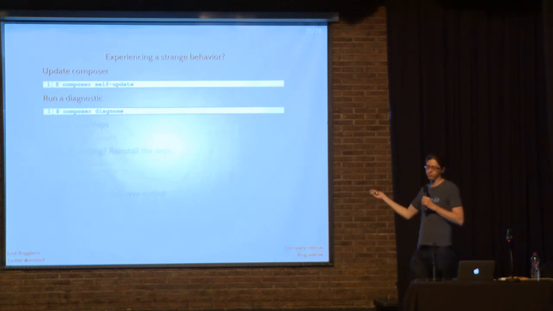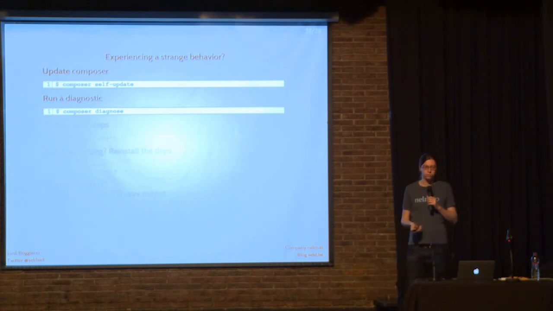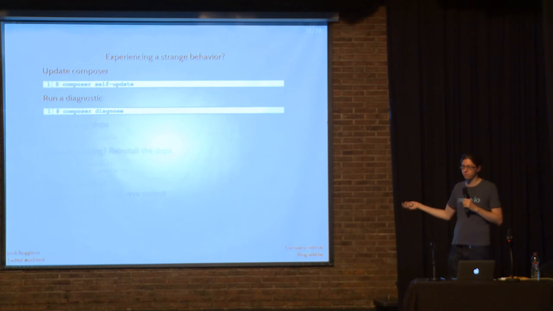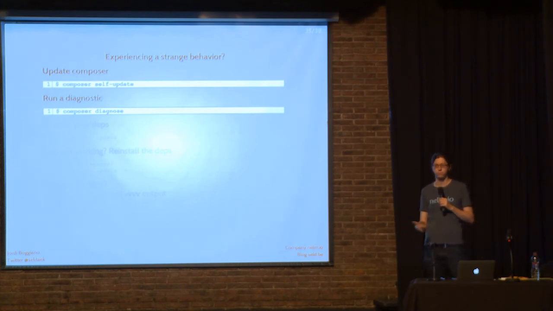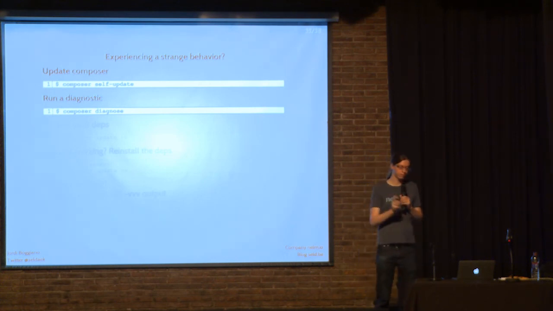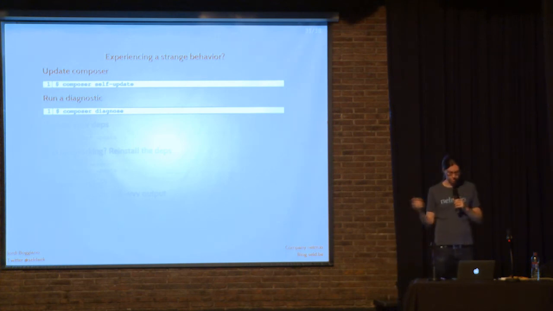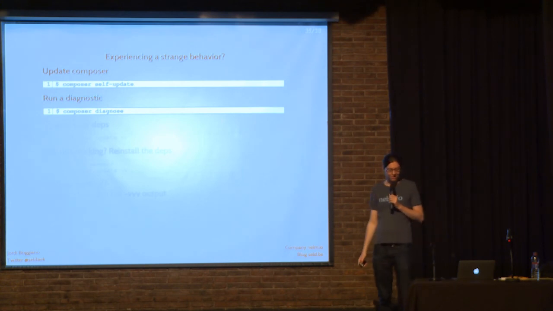It tries to identify common issues and give you solutions. It doesn't always work, obviously, but there are fairly common problems, like people behind proxies having issues, where this will usually pick it up and give you a hint how to fix it. So try that before coming on IRC and complaining that everything is broken.